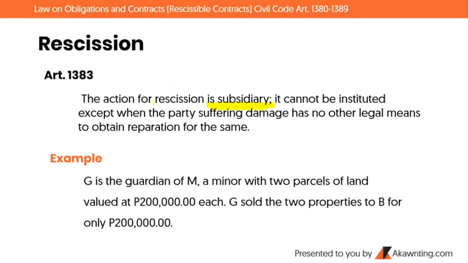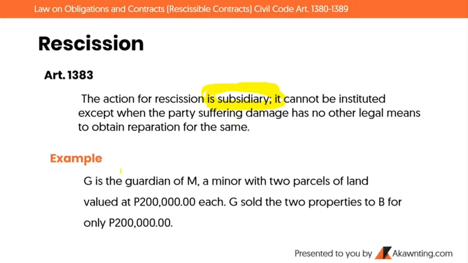So what is the difference between rescission and annulment? Actually, they have the same effect. They avoid the contract, they invalidate those contracts. But in the claim or availment of this remedy, there is a big difference. When you seek rescission, it is only a subsidiary remedy compared to annulment, which is a primary or principal remedy.